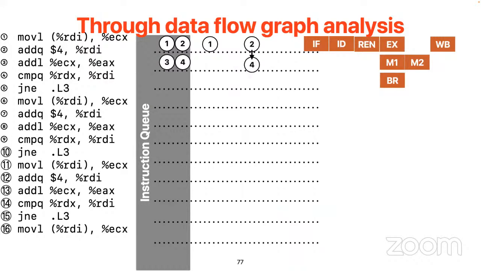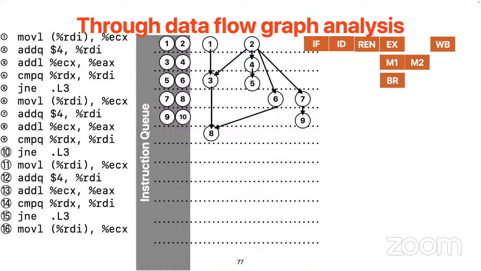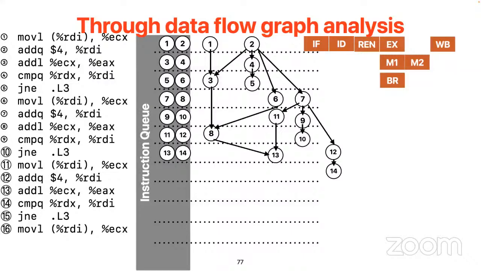And it can still use data flow graph analysis, as we previously mentioned in class, because that's actually the basic idea of how we execute instructions in a dynamic out-of-order execution pipeline.